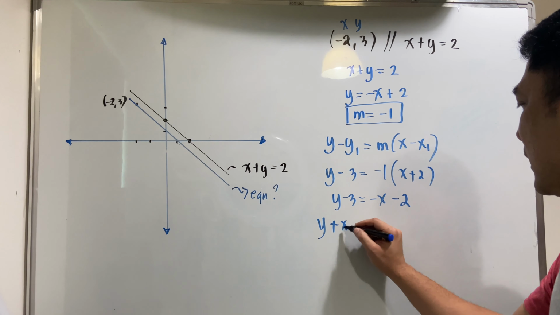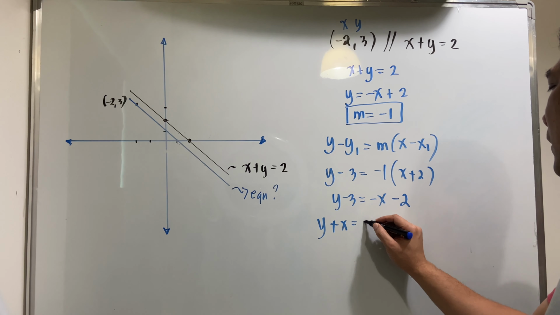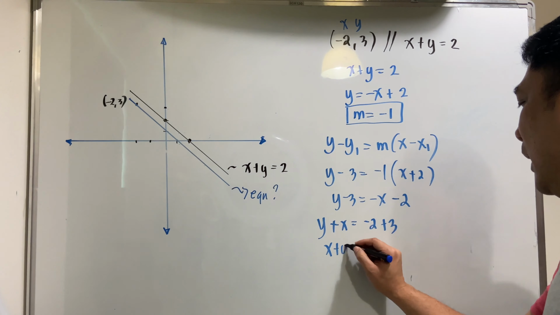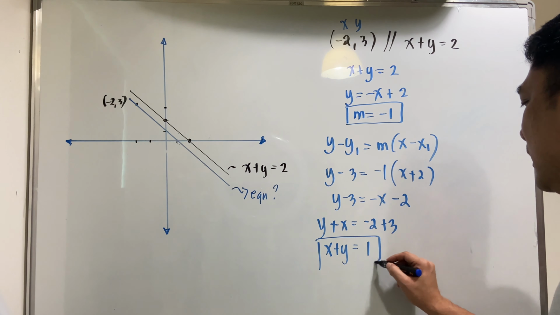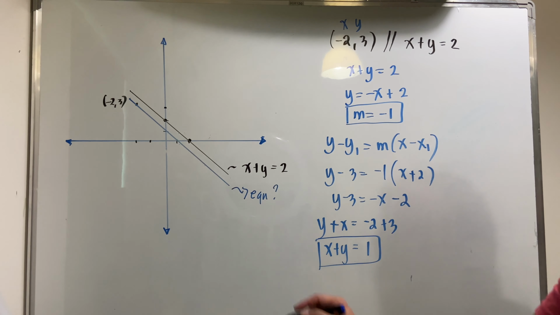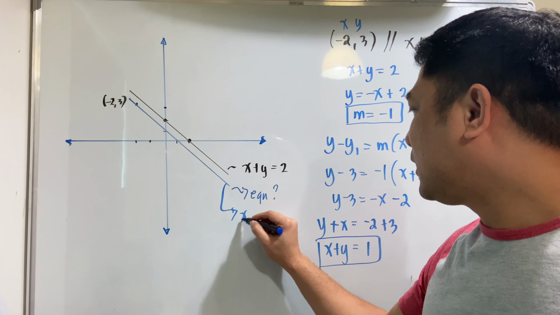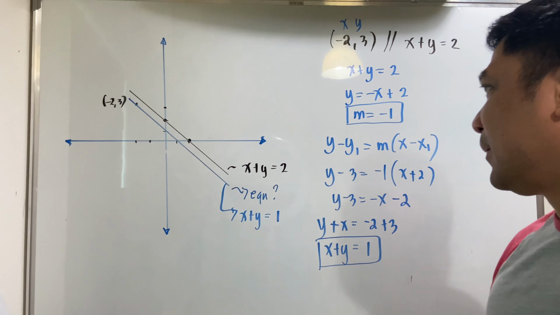So plus x is equal to negative 2 plus 3. So that means x plus y is equal to 1. So this is the other equation. So this line, which is parallel to that, has equation which is x plus y is equal to 1.